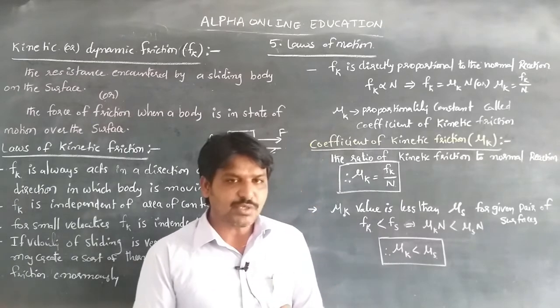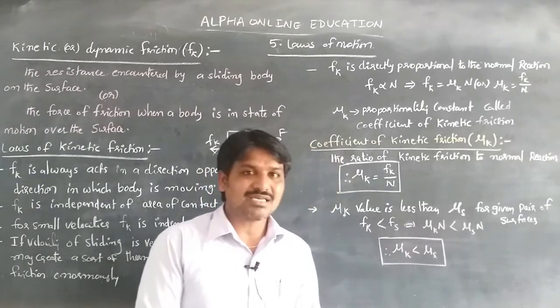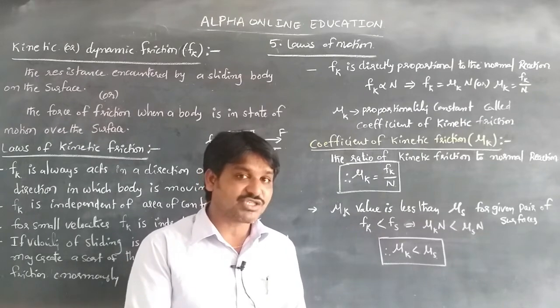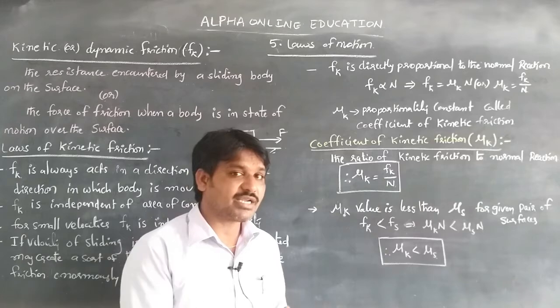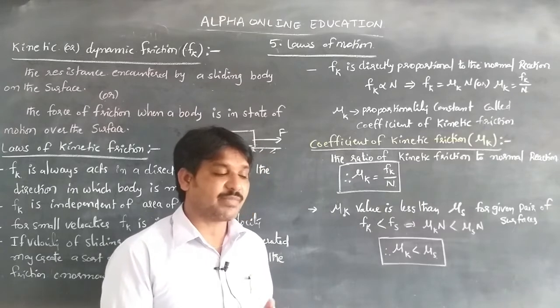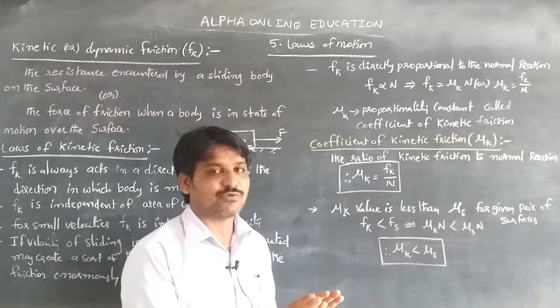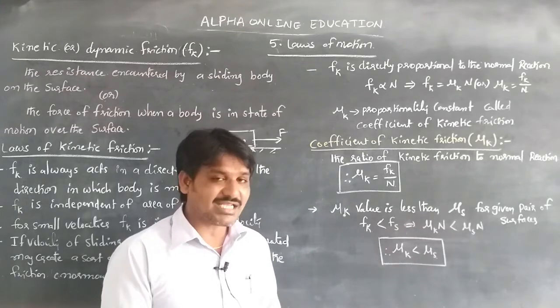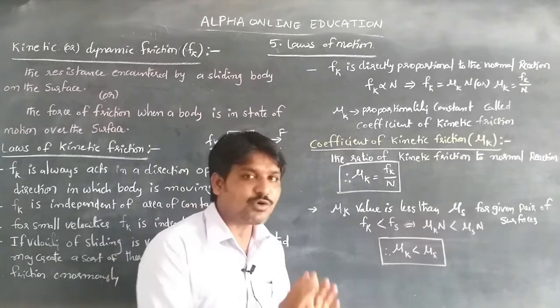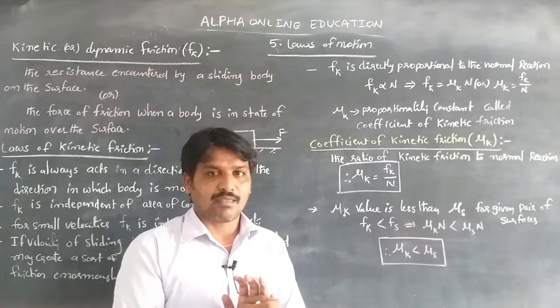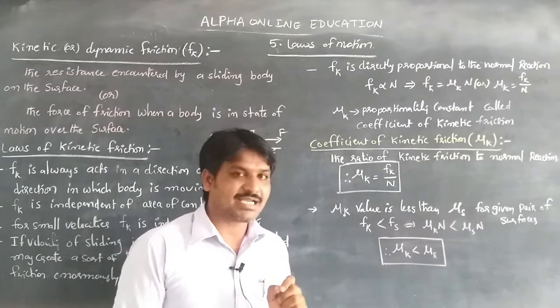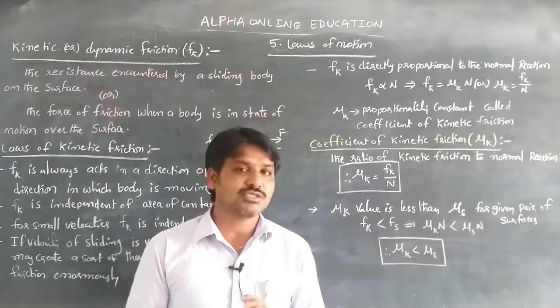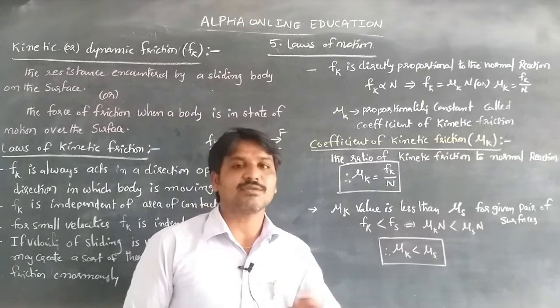To overcome the frictional force offered by the surface, we need to apply a net external force, and at the starting stage we need more force to move the body. After the body slides for a distance, that much force is not needed once the body is in motion.